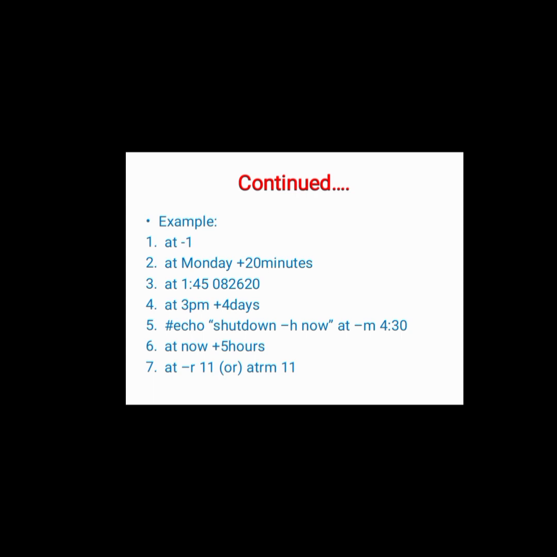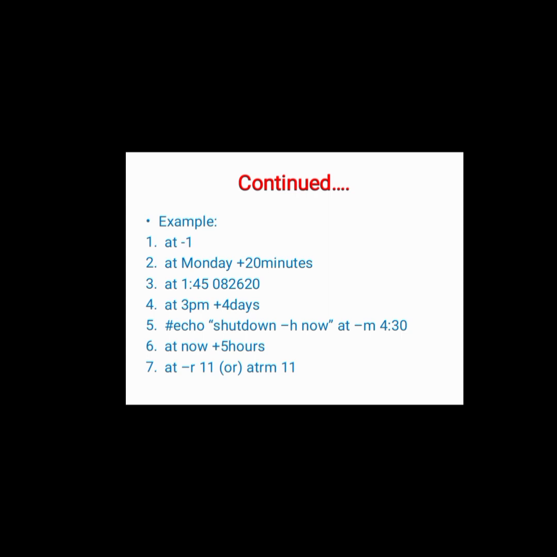And the next command, echo shutdown -h now | at -m 4:30. This command is used to schedule a job to shut down the system at 4:30 today.